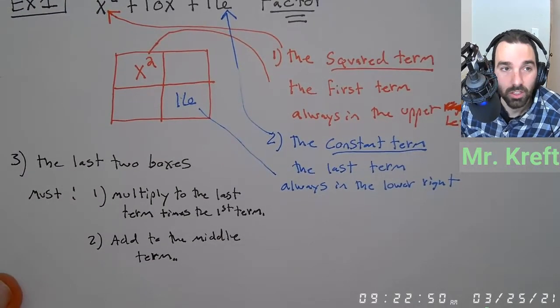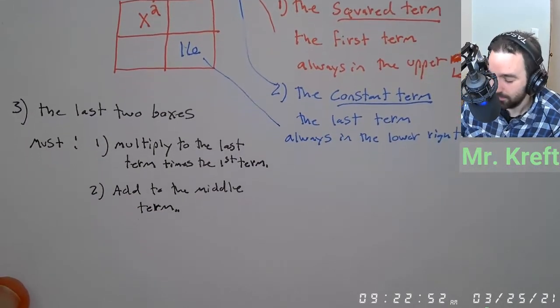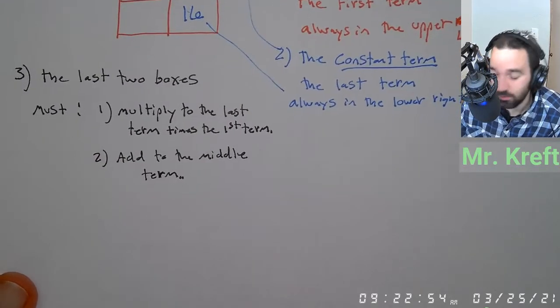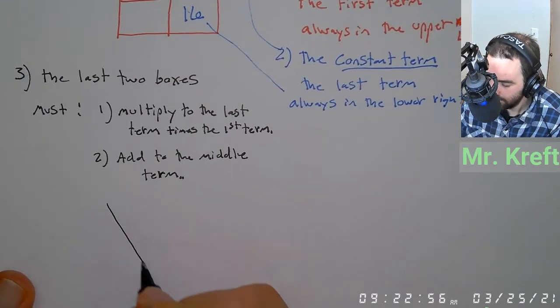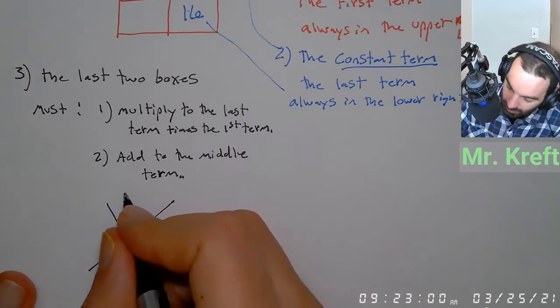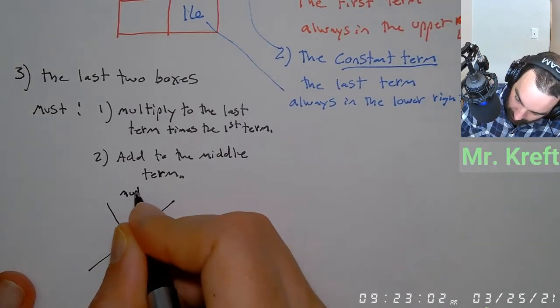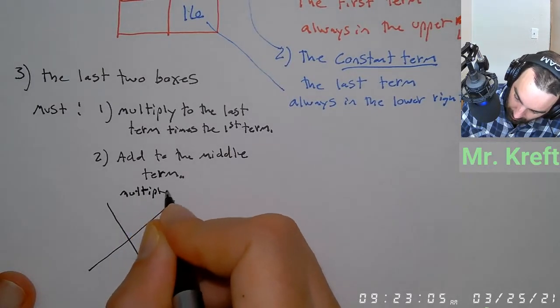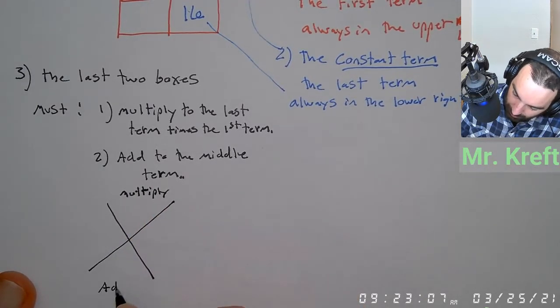Okay? So to do this, I use a visual aid. I use a big X. And on the top, I'm going to put multiply. And then on the bottom, I'm going to put add.